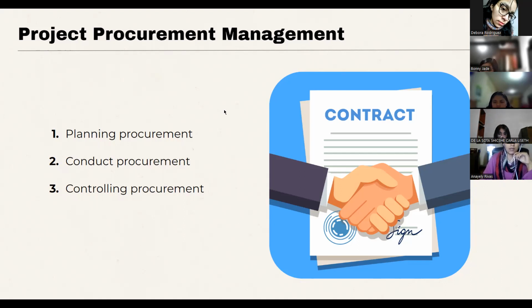Second step, conduct procurement. After developing the previous step, the project procurement management evaluates the suppliers, negotiates offers with them, and selects the best supplier so that the contract for the purchase of the 3 machines is made.